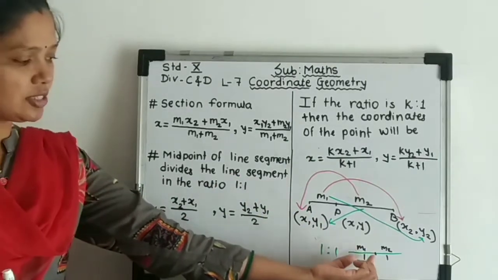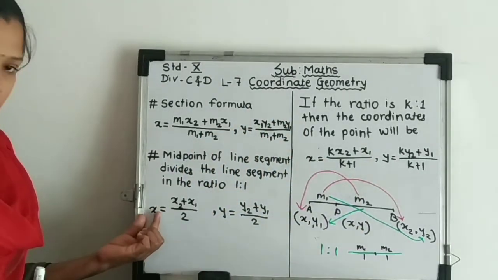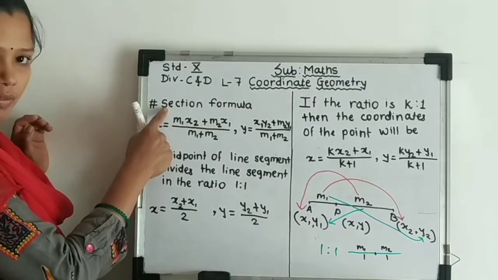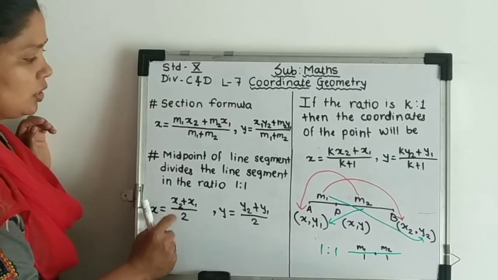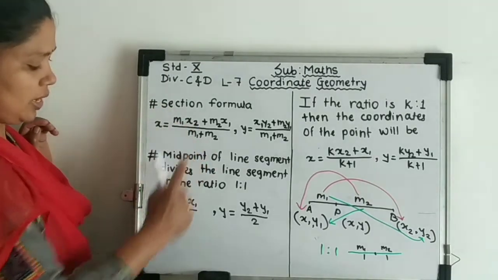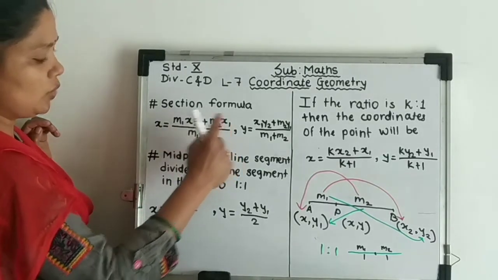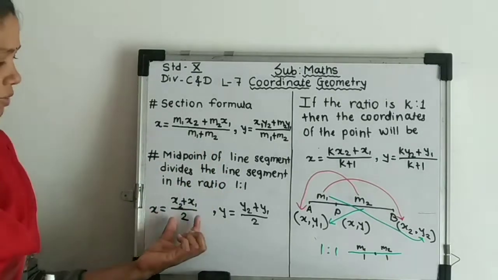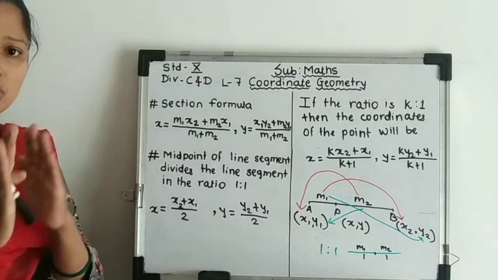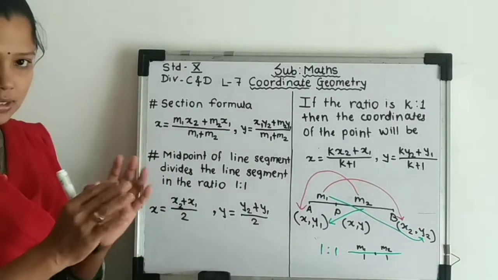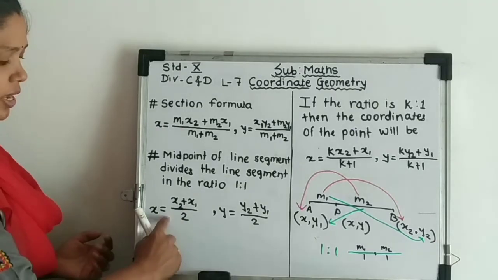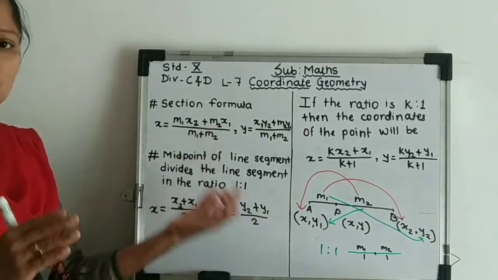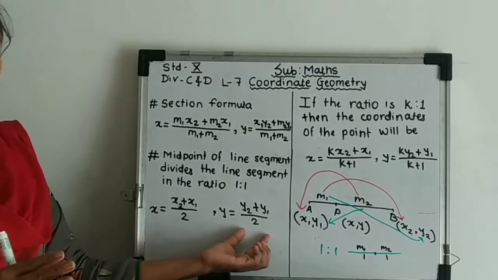For such a condition, we find the x coordinate as x2 plus x1 upon 2. Why? We are using the same section formula: 1 into x2 is x2, 1 into x1 is x1, and 1 plus 1 is 2. So whenever the ratios are the same, that is, for the midpoint, we directly use it. The x coordinate will be x2 plus x1 upon 2 and the y coordinate will be y2 plus y1 upon 2. Got it?